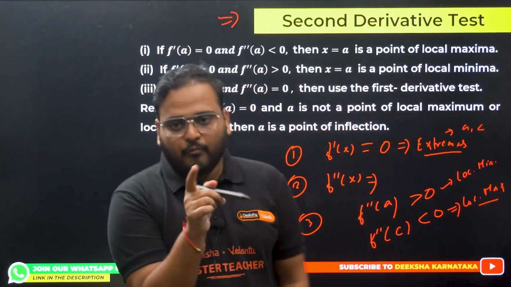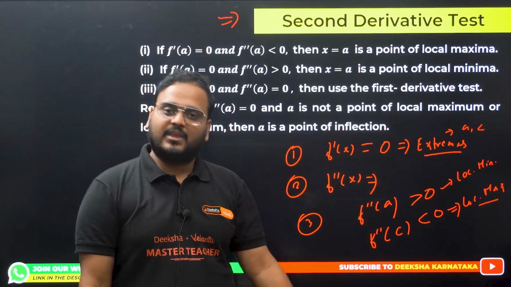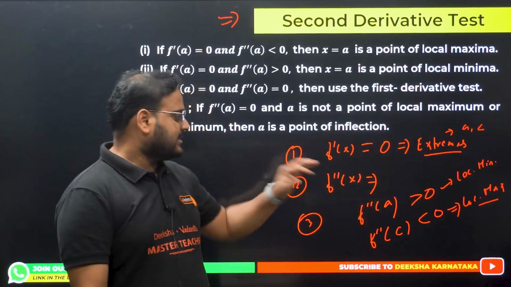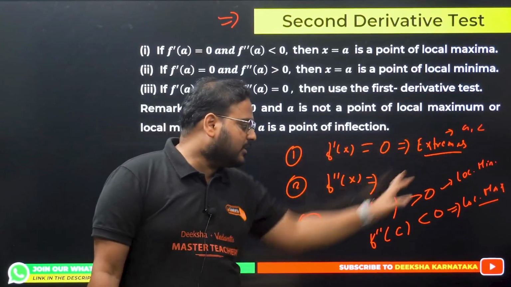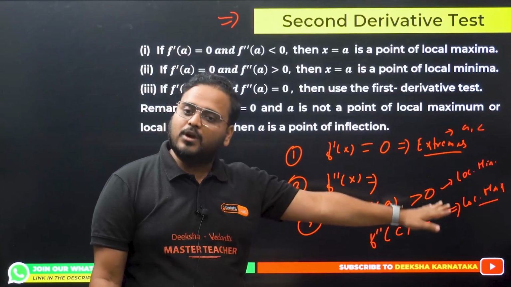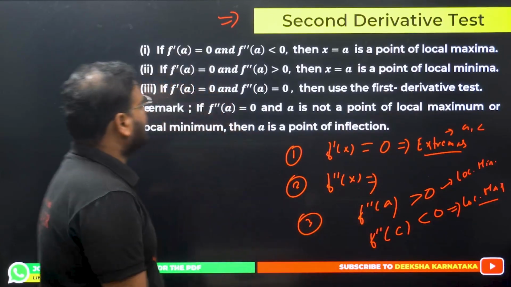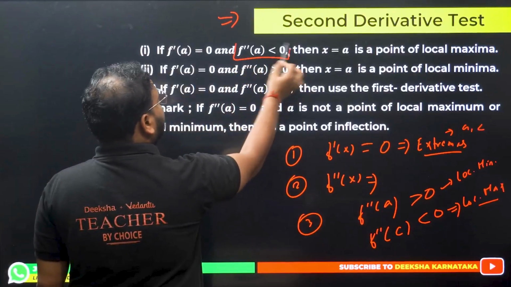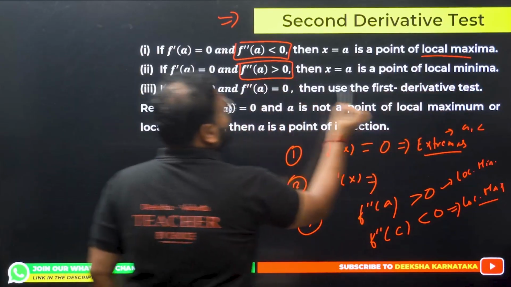So step number 1, find the first derivative and put it equal to 0 to get the extremas or critical points. Step number 2, find the second derivative. Step number 3, put the critical values in. If you get more than 0, it is local minima. Less than 0 means the point will become local maxima.